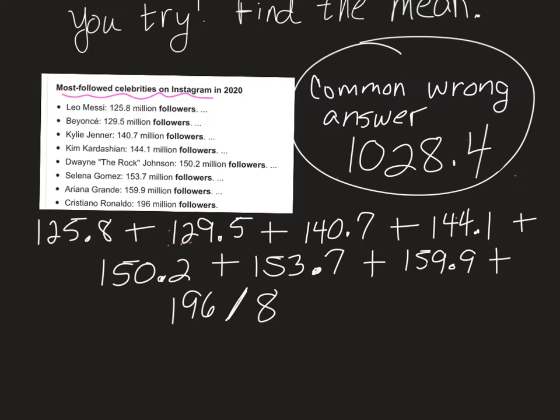So what your calculator did is it did this division first, and then it added all the other stuff to that answer. So that is why you got the wrong answer. So it's really super important when you're finding the mean that when you do step 1, when you add, make sure you remember to hit the enter button or the equal sign before you actually divide.